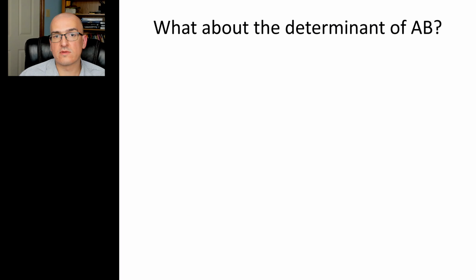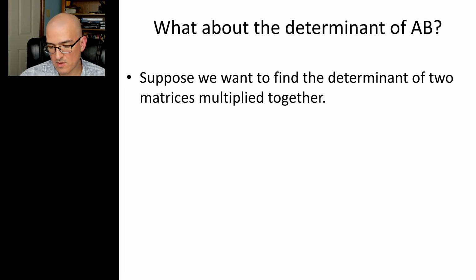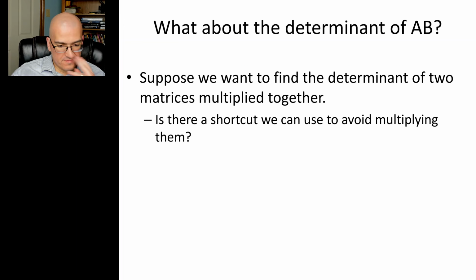What about multiplication of two matrices, A and B? Maybe it's painful to multiply the matrices. Maybe one of them is 7 by 7, the other one's 7 by 7. We know what the determinant of the first one is. We know what the determinant of the second one is. Maybe they're both triangular, one upper triangular, one lower triangular.